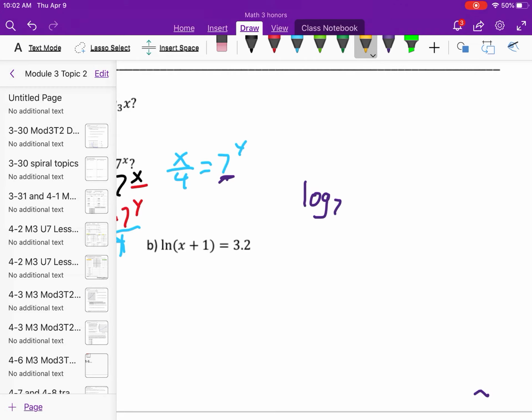Now remember this right here, what's being equaled becomes what's in parentheses after the log. So this is log base 7 of x divided by 4. And this is all going to be set equal to y.